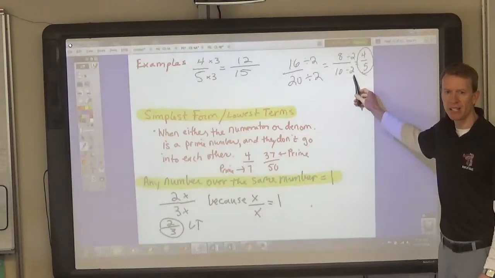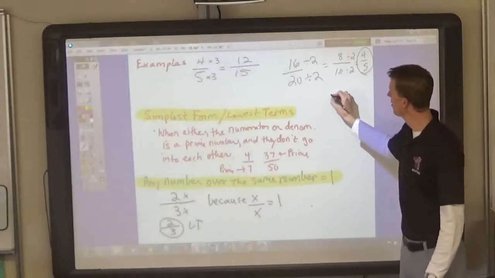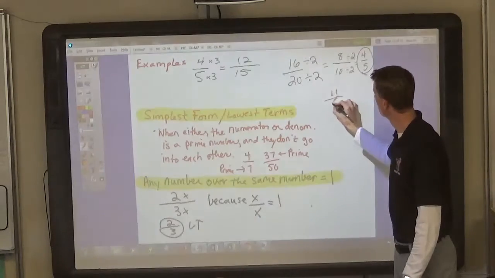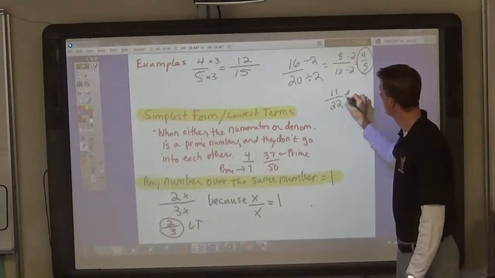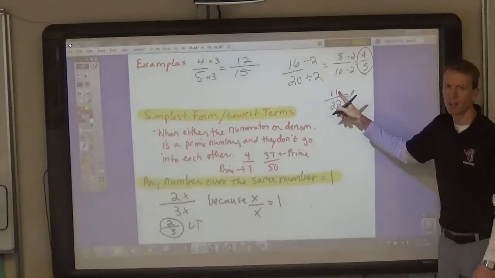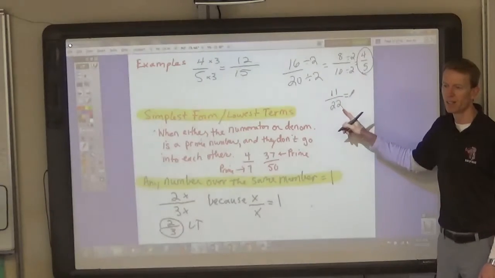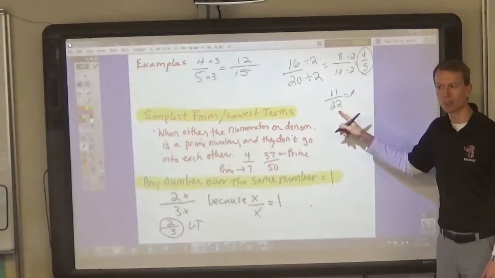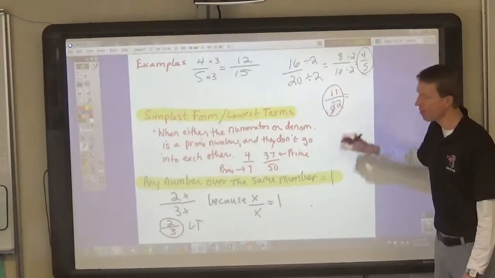Is it automatically lowest terms if you have a prime number? So 11 is a prime number here, but 5 and 10. Yeah, 11 goes into 22, so you can't just get down to a prime number.